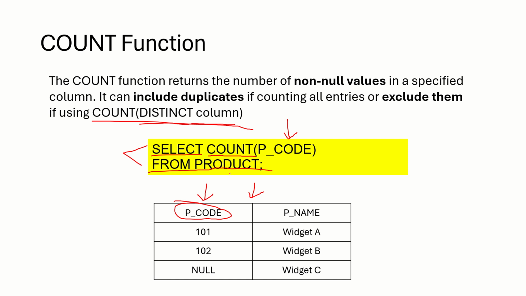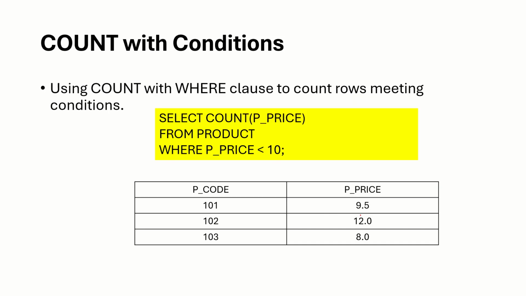What it means is I'm trying to count how many rows from this column, not including the null values. So if I enter this code, it will return 2. So this is very important and very useful.